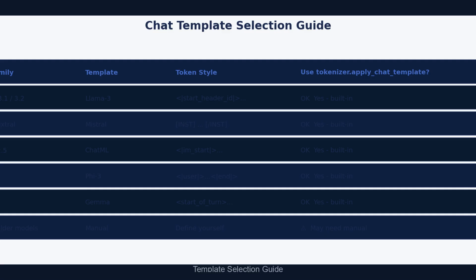ChatML-based models like Qwen use im_start, and the built-in column tells you whether apply_chat_template works automatically or requires manual configuration. When you're selecting a model for fine-tuning, cross-reference this table with Unsloth's supported template list to confirm you can apply the template without writing custom Jinja2 code.